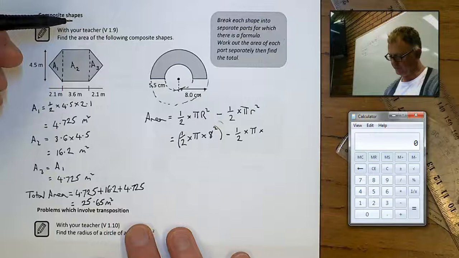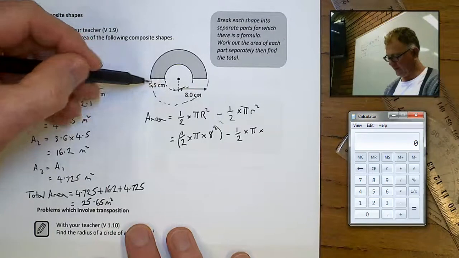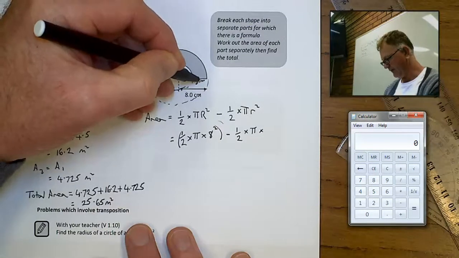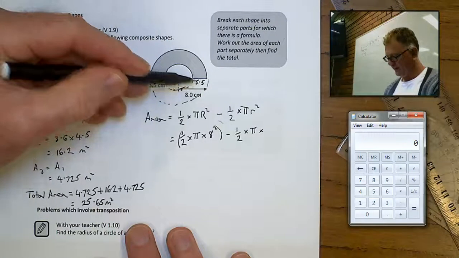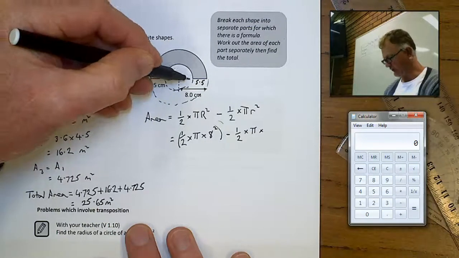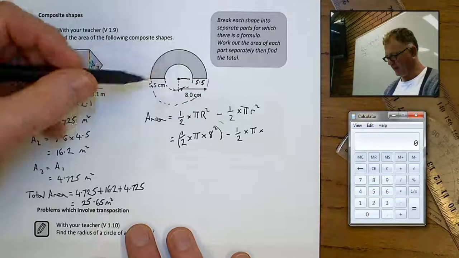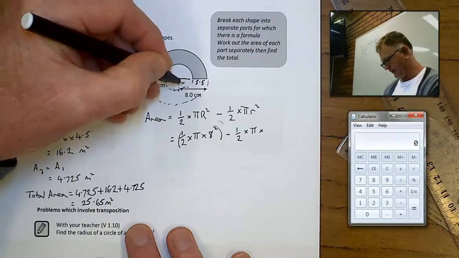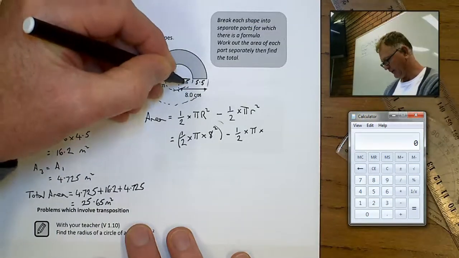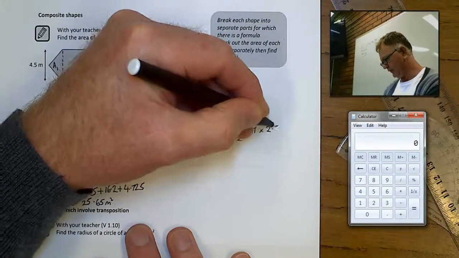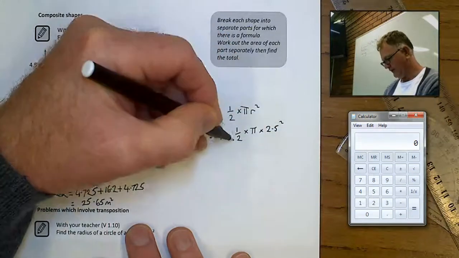Now for the small circle, remember it's 5.5 from there to there. That means that also must be 5.5 there. And the radius of the small circle is this distance, so 5.5 plus this distance make up the 8. That means that distance has to be 2.5, doesn't it? So the radius squared, 2.5 squared.